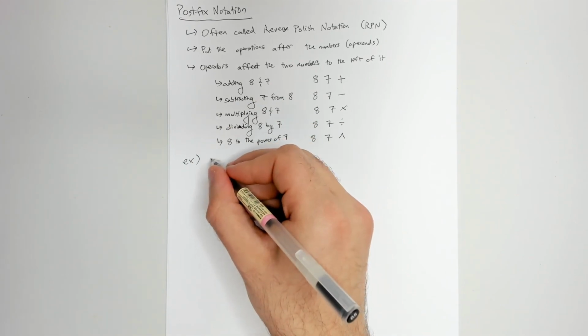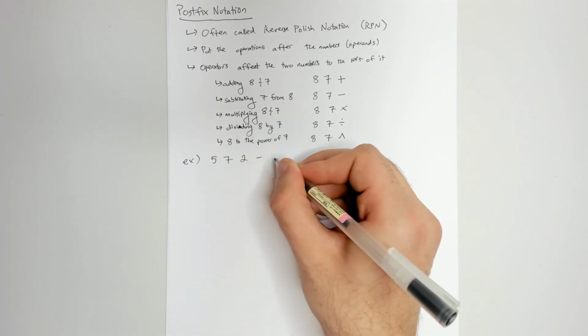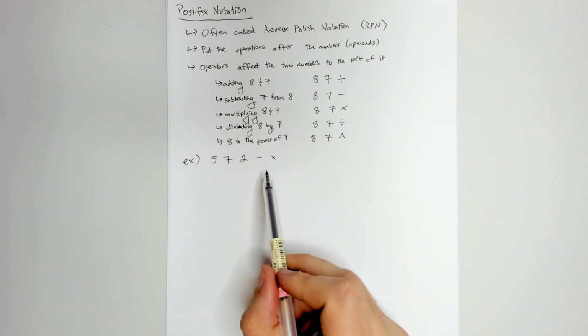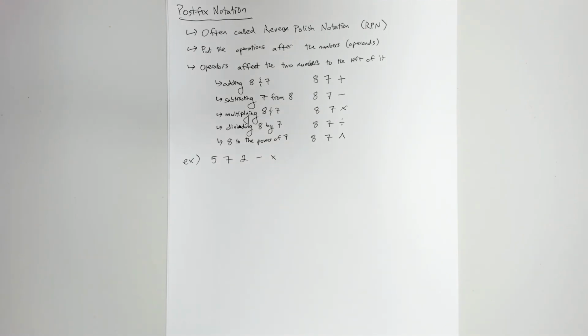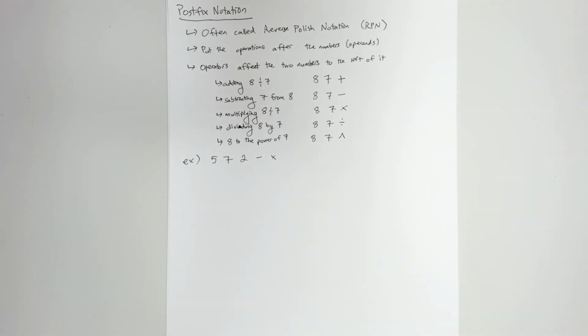So let's say I asked you to do 5, 7, 2, and then minus and times. What we do with this is we start with the leftmost operation and we move to the right. With Polish notation, we started with the rightmost operation and we moved outwards to the left, but here it's the other way around. We start with the leftmost operation and we move to the right.